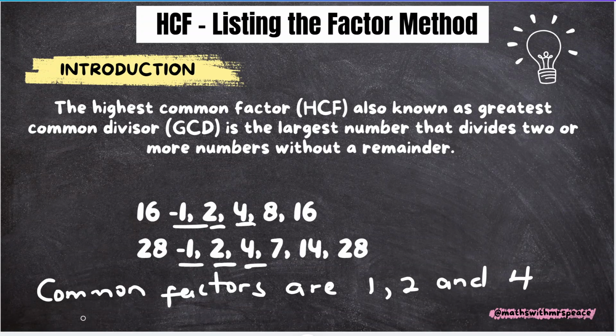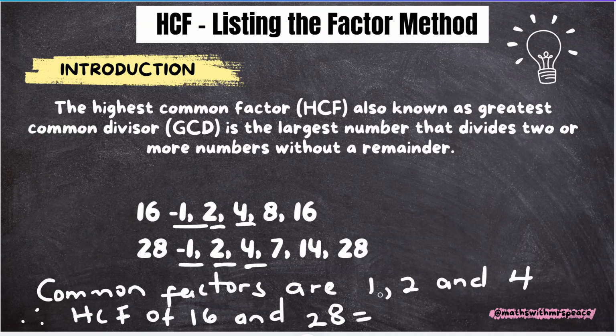And now their HCF of 16 and 28 will be equals to. So when you look at your list of common factors, the largest number, the biggest number, the greatest number, usually the last one, if you list your common factors correctly, will be the HCF.